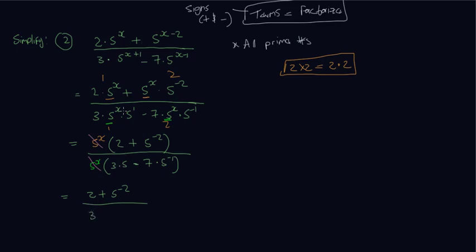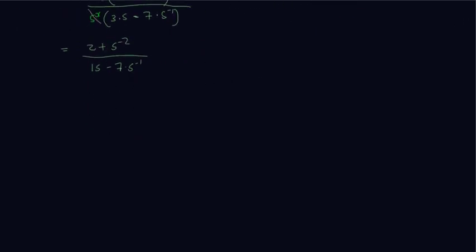So now we must simplify the numerator and the denominator separately. I know some might be confused at this step, so I will do it here one by one. So we have our numerator and our denominator. With the numerator we have 2 plus 5 to the minus 2.